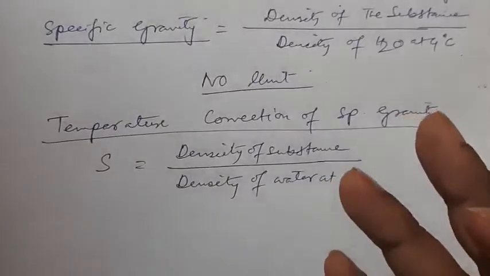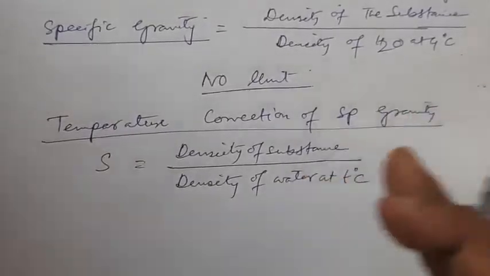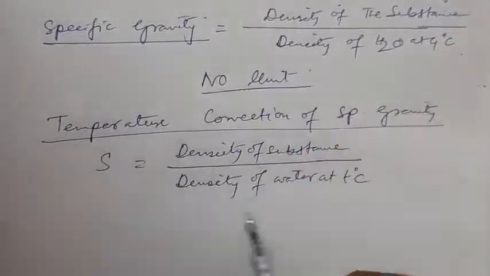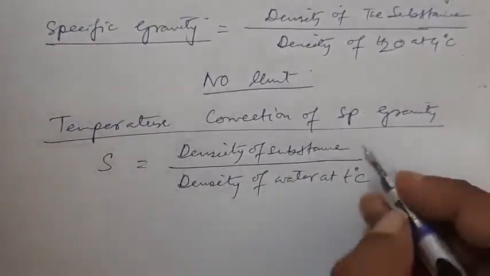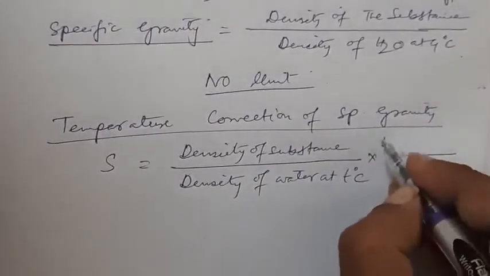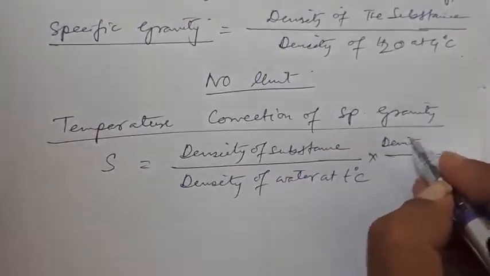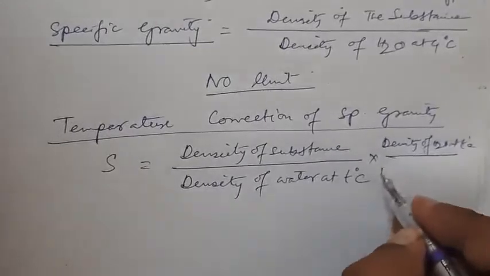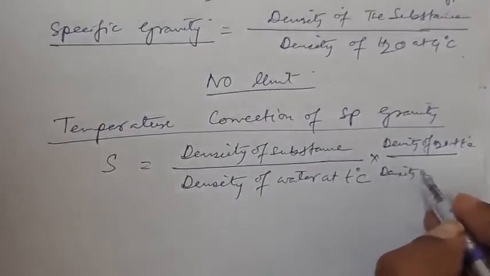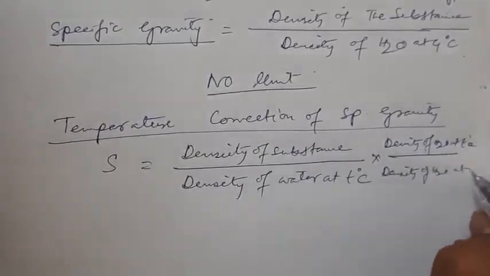So we have water at 28 degrees centigrade in the laboratory. So we divide the density of water at that temperature only. And another term, density of water at T degree centigrade by density of water at 4 degrees centigrade.